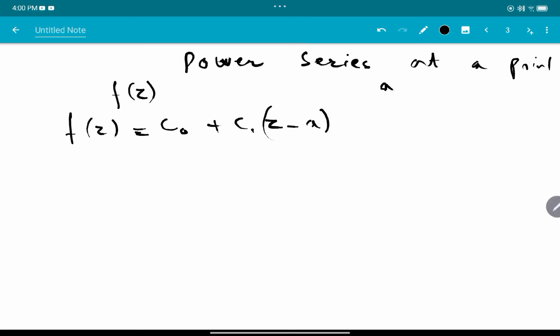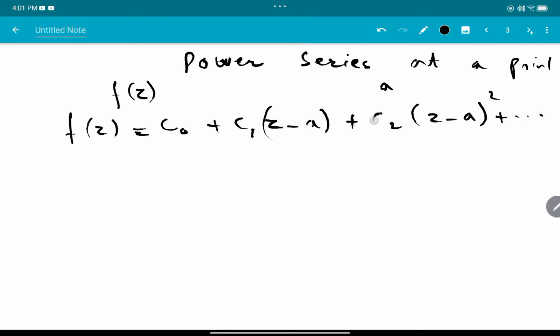Expanding about a means in powers of z minus a. Expanding about b will mean in powers of z minus b. Expanding about 3, for example, will mean in powers of z minus 3. Expanding about 0 will mean simply in powers of z, no minus or plus. So you are expanding it as c1 (z minus a), then c2 (z minus a) whole square, plus and so on.